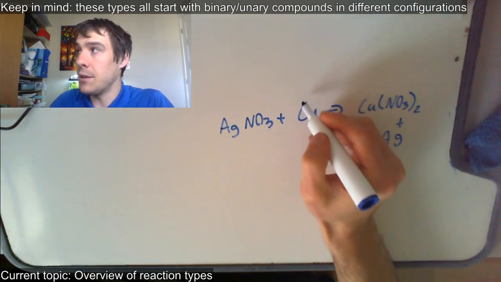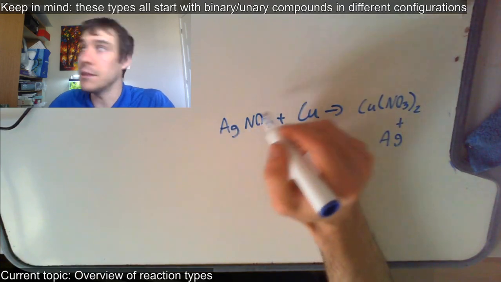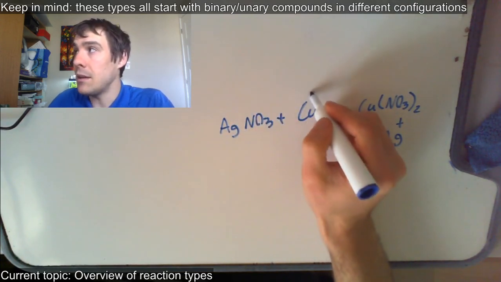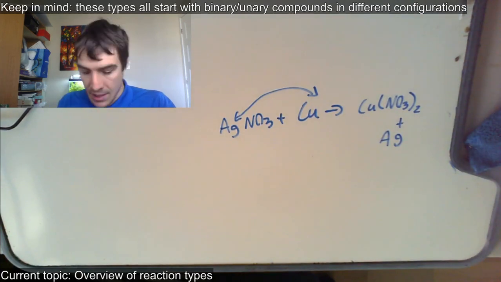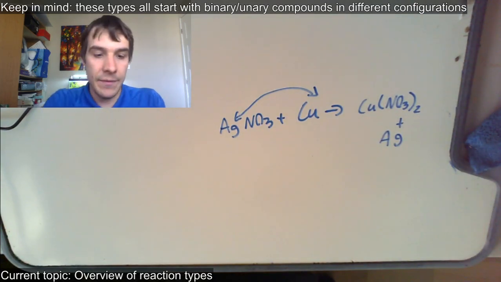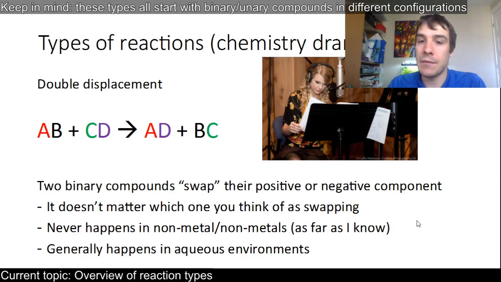So you see that the copper, which is positive, it's a metal, will replace this silver metal. They're kind of switching places here. So that's a single displacement reaction. And then the next one is double displacement. Do keep in mind for single displacement, again, positive replaces positive, negative replaces negative.